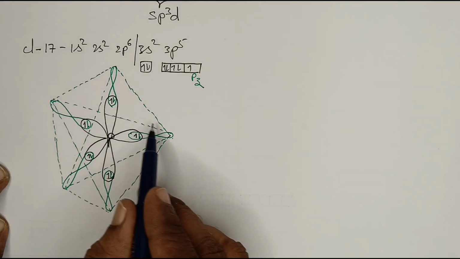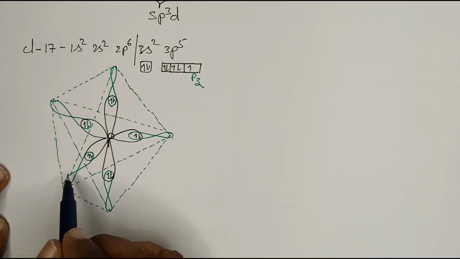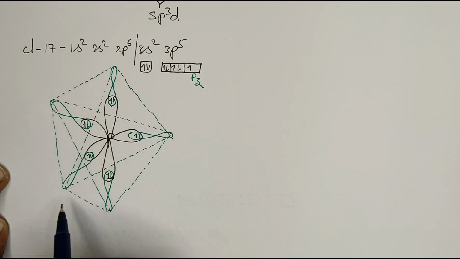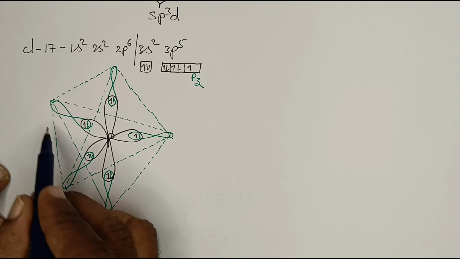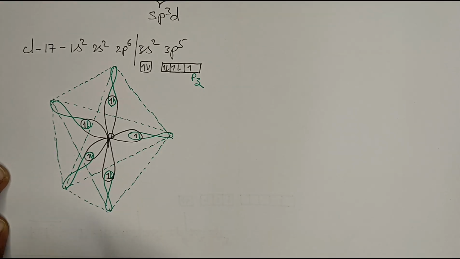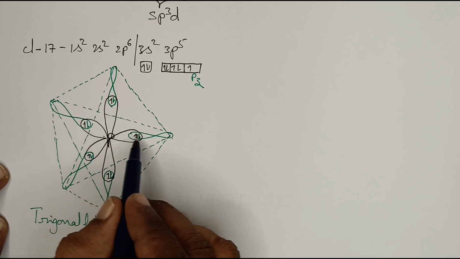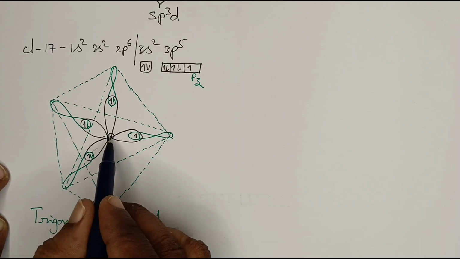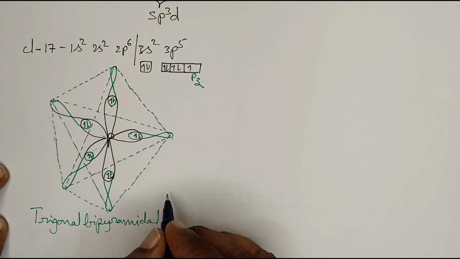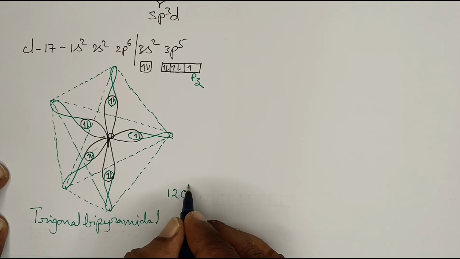This is a triangle. Above the triangle one pyramid is there, and below the triangle one pyramid is there. So this is the trigonal bipyramidal shape. And the bond angles in the triangle are 120 degrees.